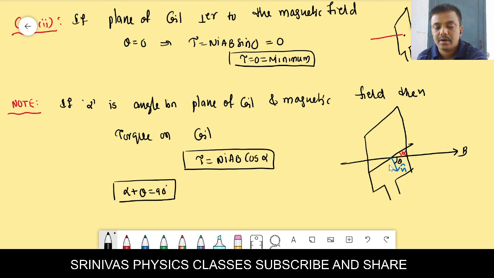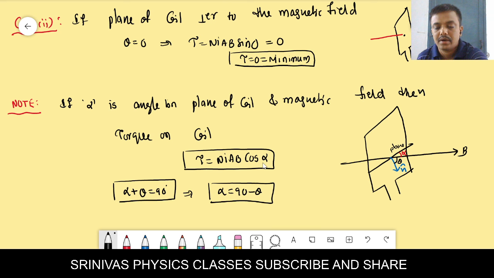If you add both of them, the plane makes an angle alpha plus theta with the N cap. Since N cap is normal to the plane, alpha plus theta is 90 degrees. And if from this you write alpha as 90 minus theta, then again you will get the original formula.